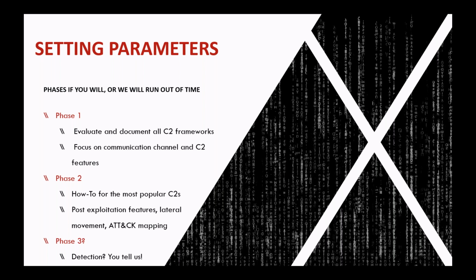And then document post-exploitation features like lateral movement tactics, and maybe even do attack mapping so that we can pick an adversary, see their TTPs, and then show what C2 likely has the most coverage for those TTPs. And then phase 3 is really open just for anyone to contribute.